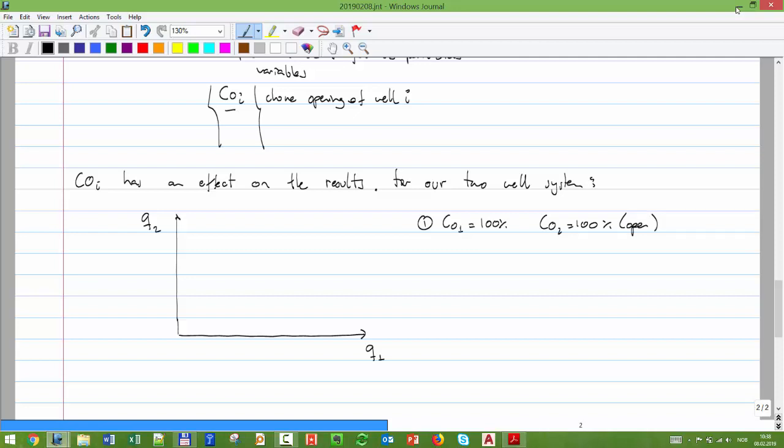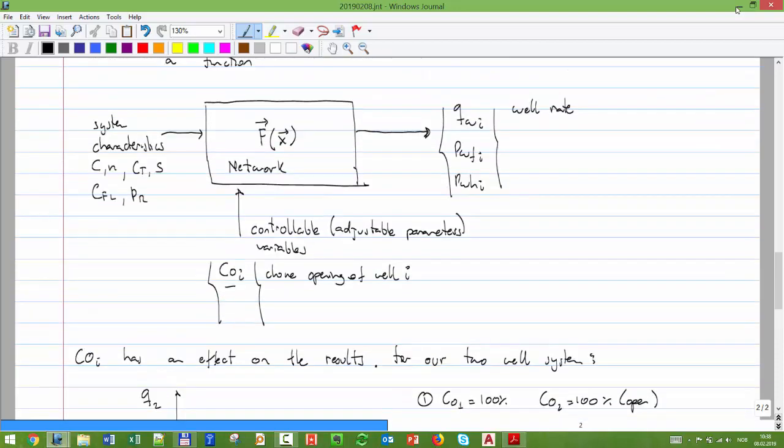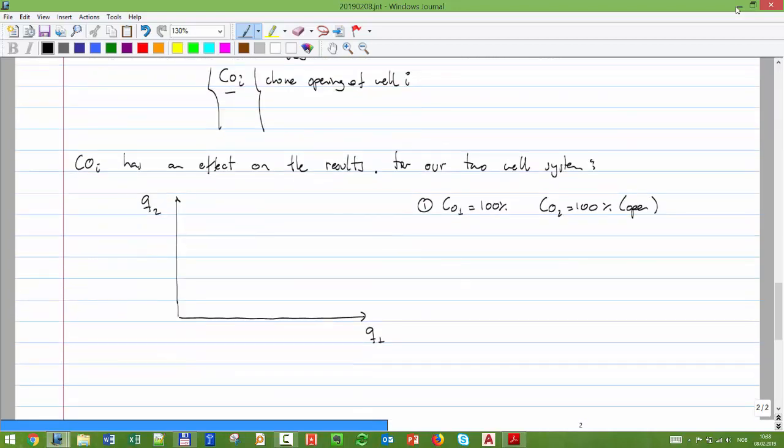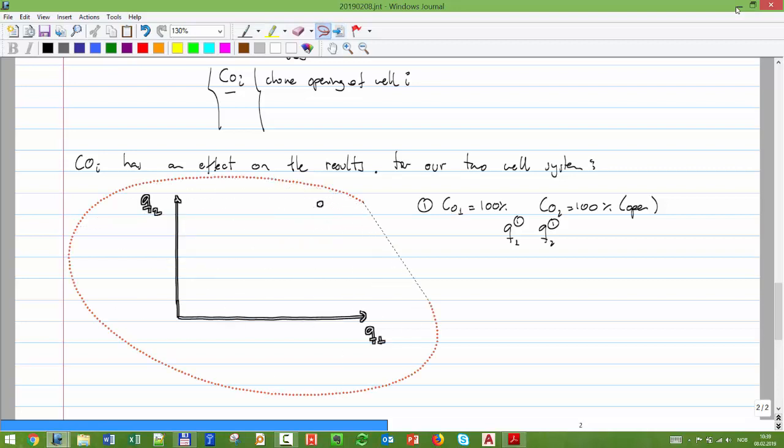I run the case, I substitute, the two chokes are open, solve the network. I'm going to get a pair of points, Q1 1 and Q2 1, and I locate both rates in this plot.